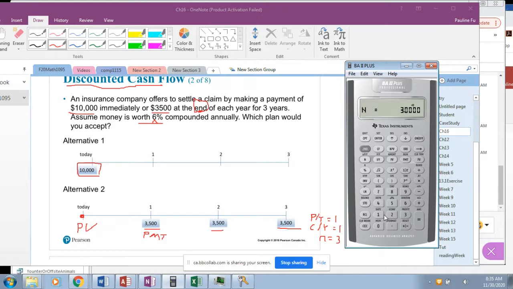Right now we have just entered 3 numbers. We need to enter 1 more number. 0 is FV. Final step, compute PV. So this is our number.